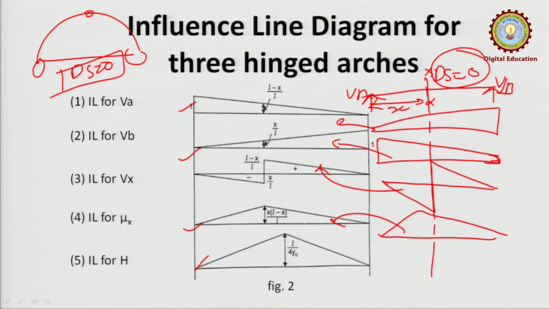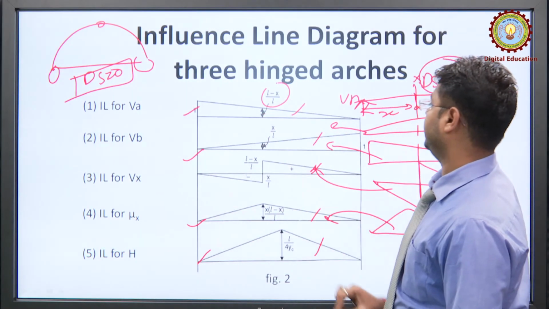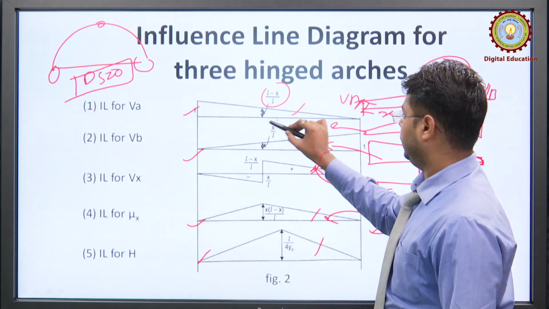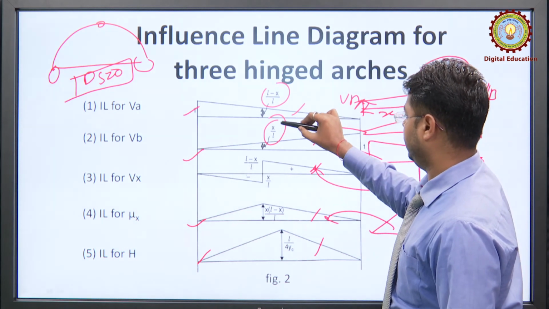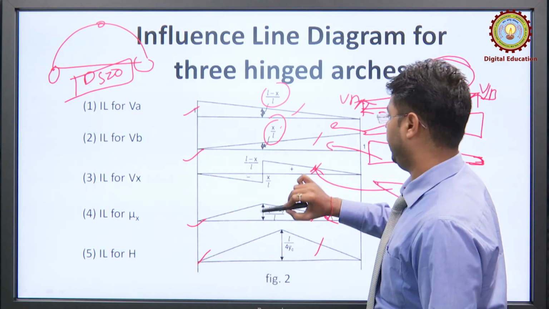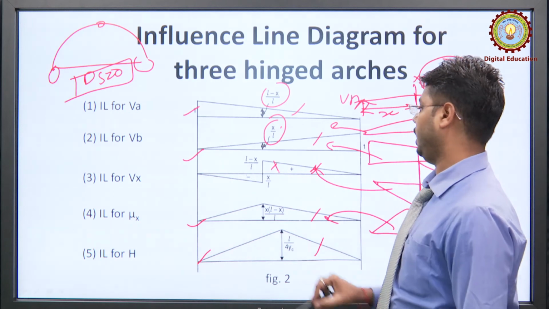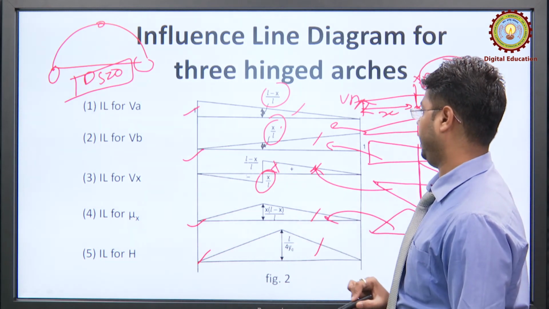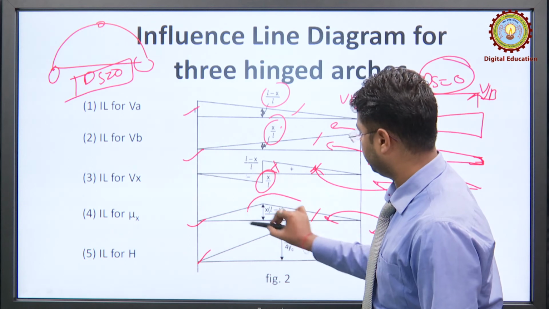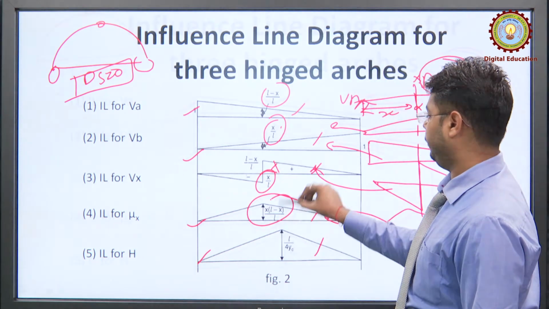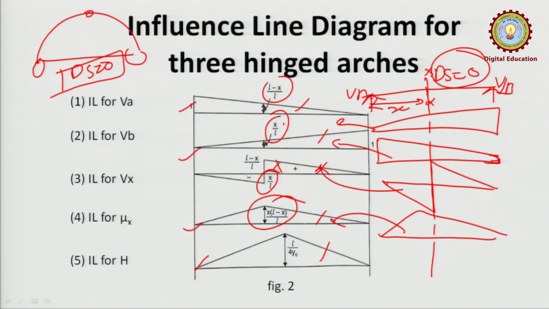So you can conclude that for a determinate beam, the ILD is always the same for the reaction or for the bending moment. You can see here the ordinate is L minus x upon L. This ordinate is x by L, and this ordinate on the positive side is L minus x upon L, on the negative side x by L. And for maximum bending moment, ordinate will be x into L minus x upon L.